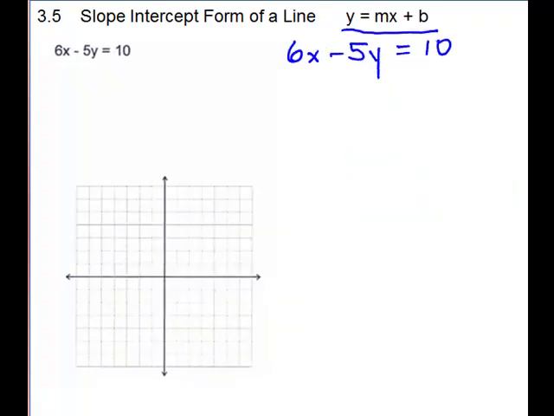We'll look at just one more problem. And so we need to go to slope-intercept form. That means isolate the y. So we will take the x off, so we'll subtract 6x from both sides. Right, go back on the side with the y, and you need to divide everything by a negative 5.